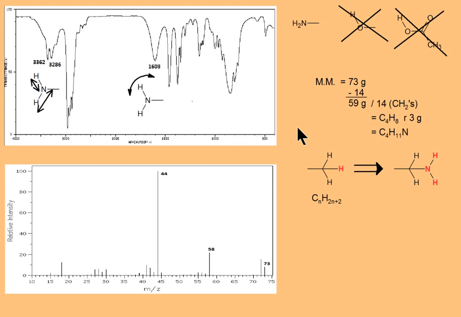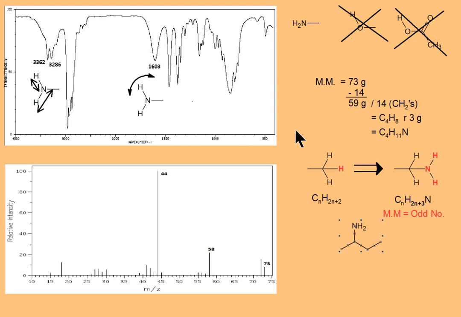With the nitrogen replacing one of the hydrogens at the end of the molecule, the inclusion of the nitrogen instead of one hydrogen gives us two more hydrogens, one more than we'd normally expect, and so it creates that odd number for the molecular ion peak. That's also very distinctive for nitrogen containing compounds, an odd number for the molecular ion peak.